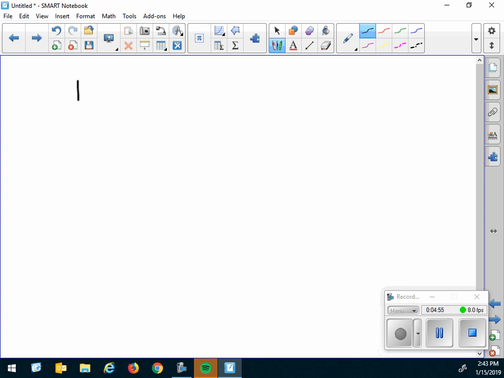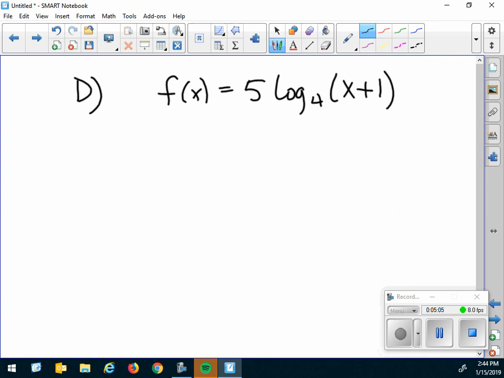D. F of x equals 5 log base 4 of x plus 1. Now, this is a little different, but it's not harder. Notice that's not a parent graph. That's already got stuff done to it, doesn't it? So from that, I'm going to take that and go left 6 and up 2. How do I go left 6? Where do I add 6? Right here.